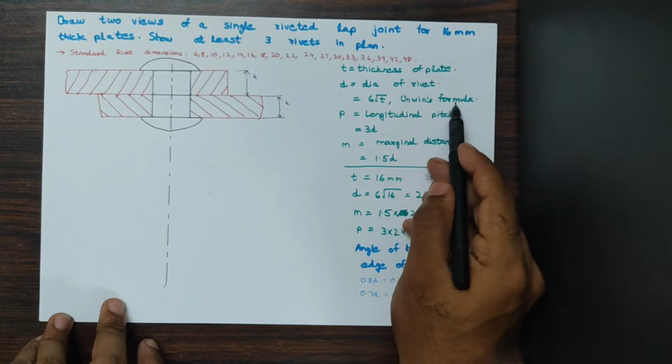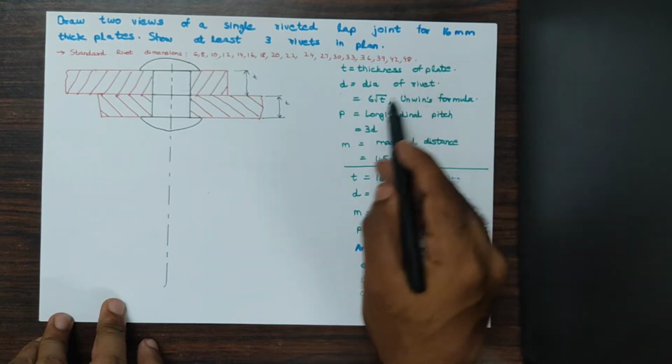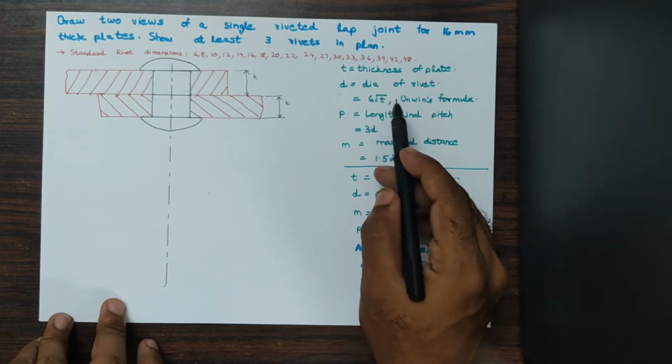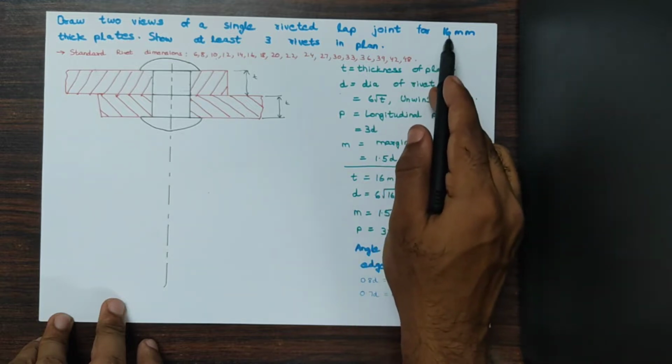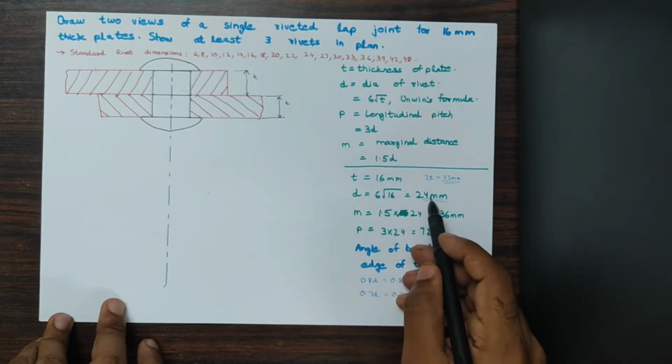So it is termed as Unwin's formula, and according to this formula the diameter of rivet is 6 times root T. Here the thickness T is 16, so 6 times root 16 will be 24.